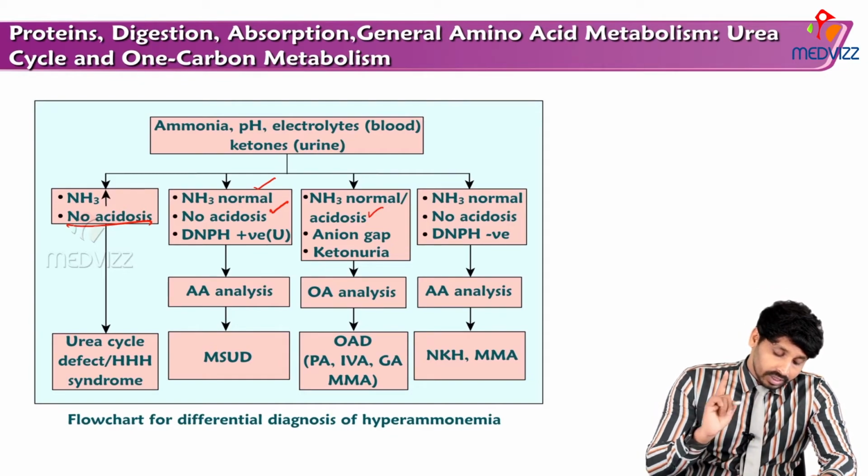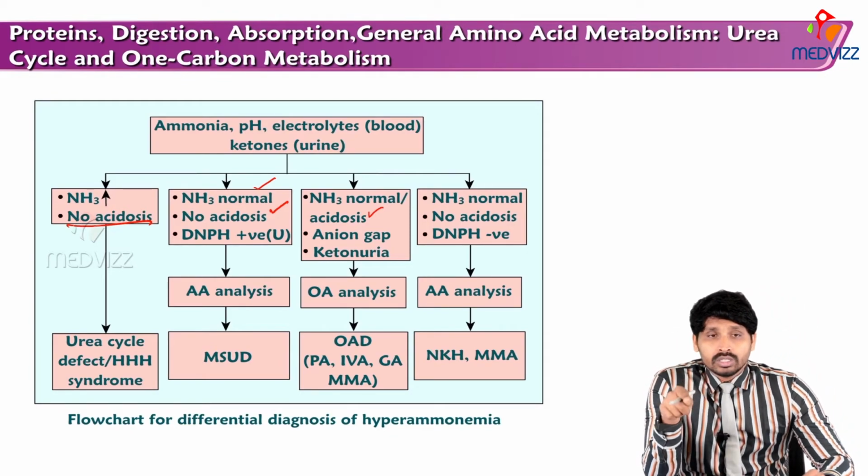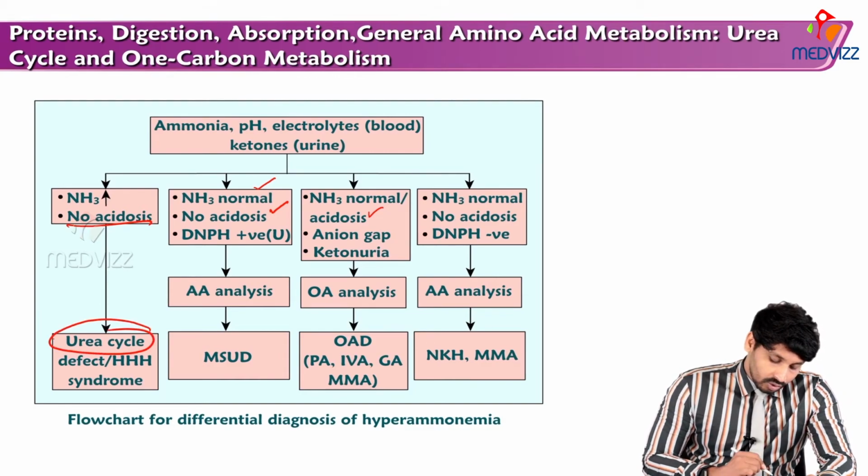If ammonia levels are high and there is no acidosis, you should think of a defect in the urea cycle.